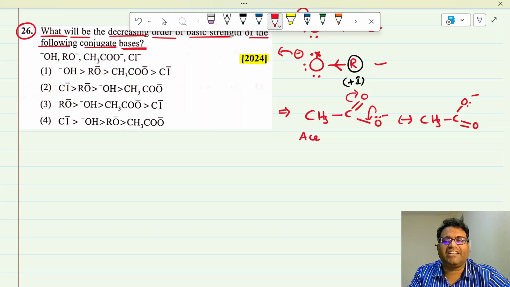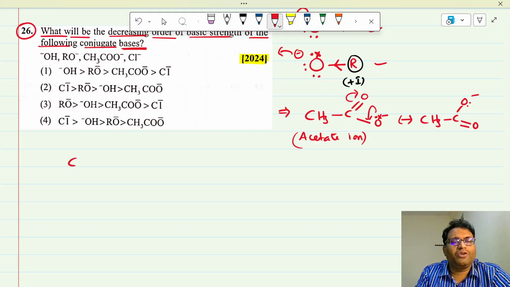Acetate ion is highly stable. As it is highly stable, it will not donate the lone pair easily. So it is less basic, because the lone pair of electrons responsible for that negative charge are under resonance, under delocalization. When they are delocalized, they have less availability, less ability to donate, less basic.